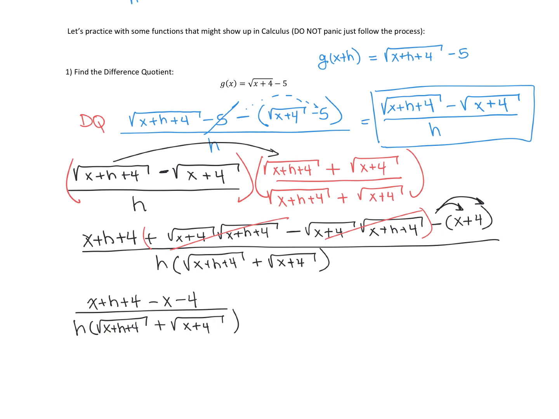We notice that many of these terms are going to add to 0. We're not going to say cancel because they're not, although we do put a slash through it, they're adding to 0, they're not canceling. And then you'll notice you have an h over an h. So those will cancel, and we will end up with 1 over the square root of x plus h plus 4 plus the square root of x plus 4.